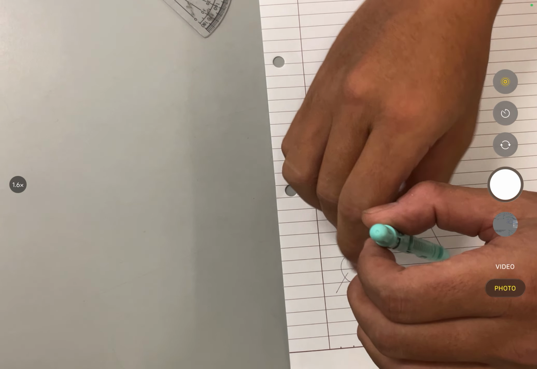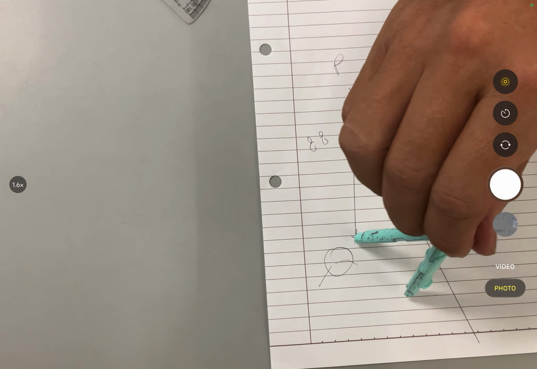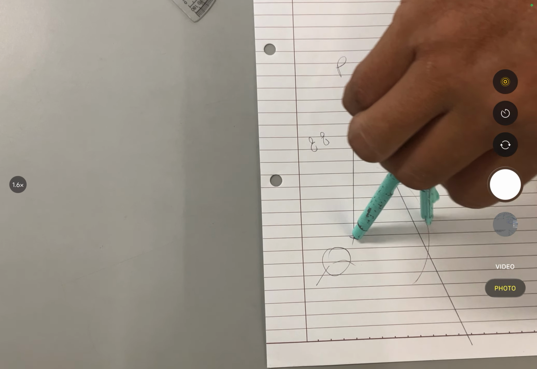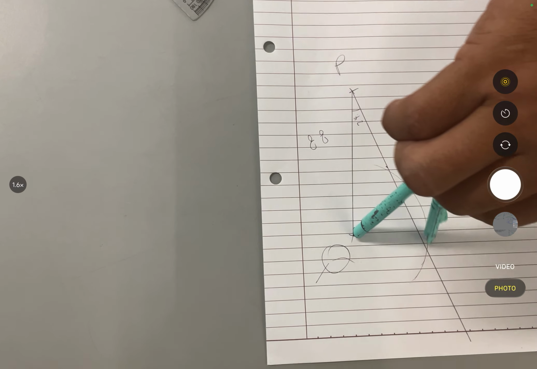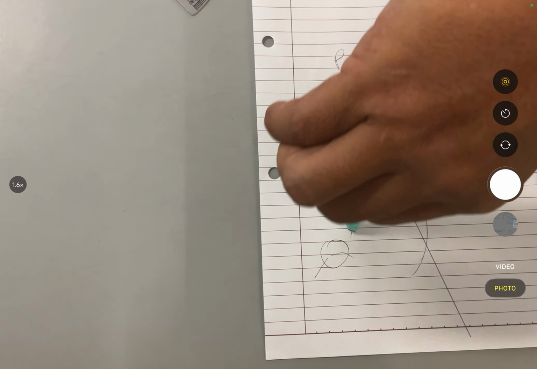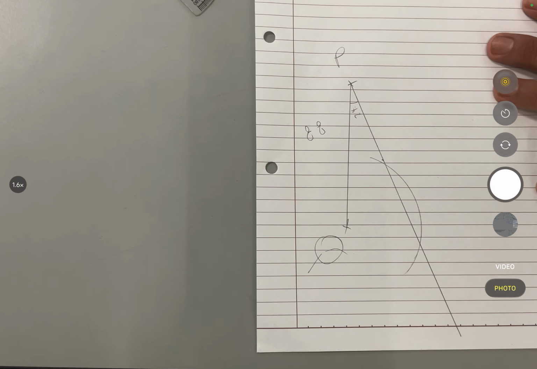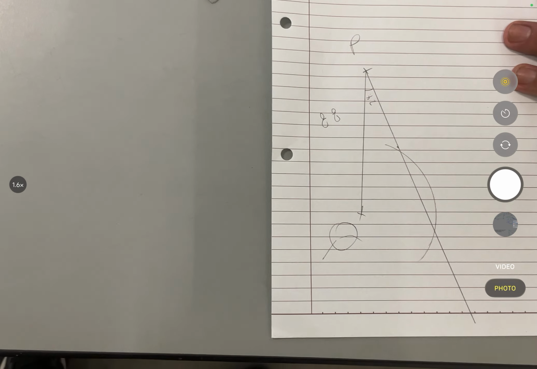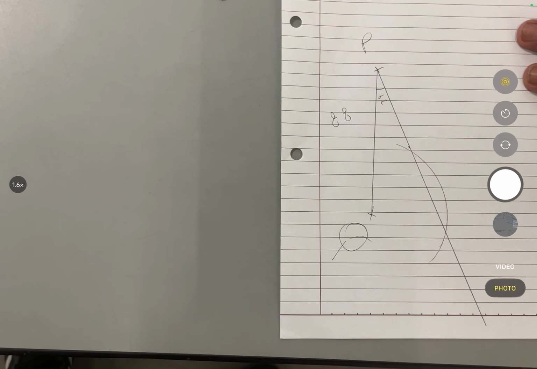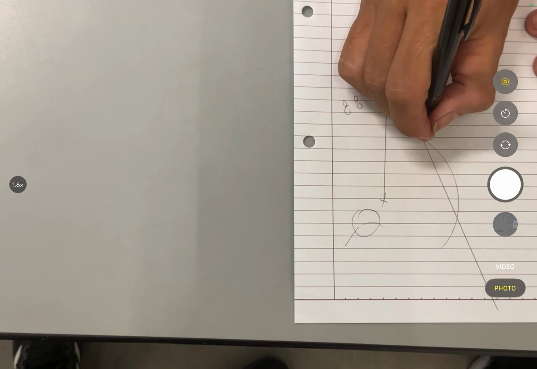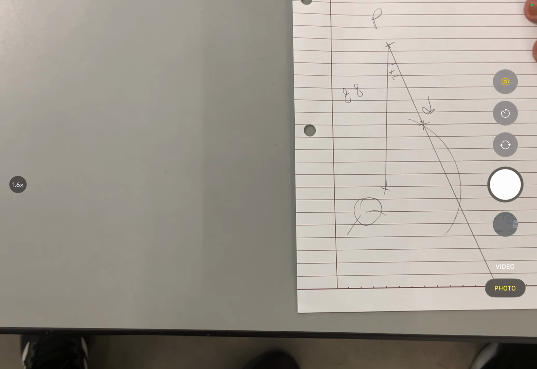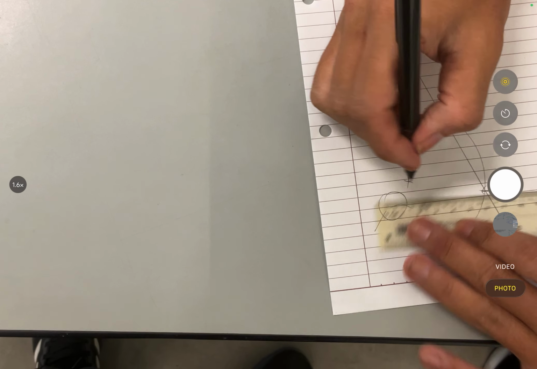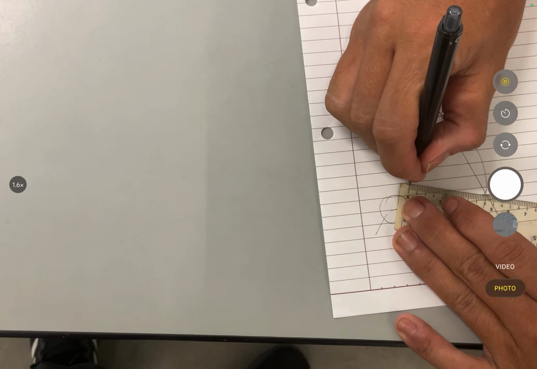Okay, so when I draw this semicircle or this arc, every point here is 4.3 from Q. Then you will see that my 4.3 actually cuts this line at two possible points. Okay, so here can be R. Here can also be R. Why? It fulfills all the requirements.